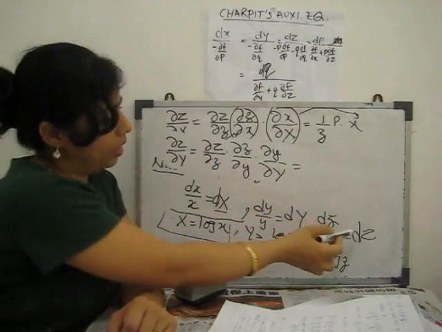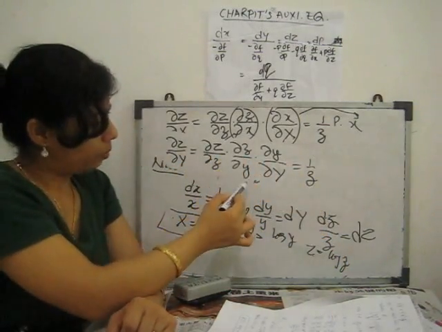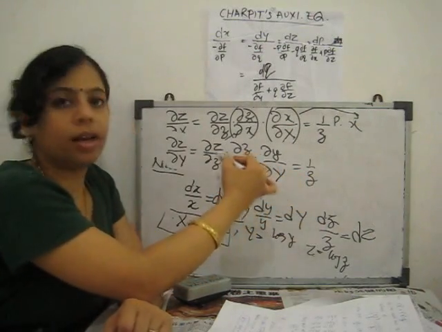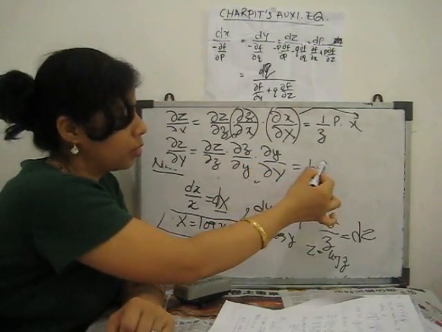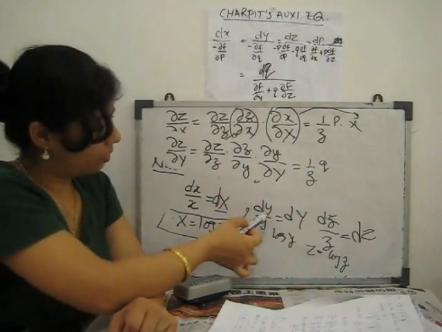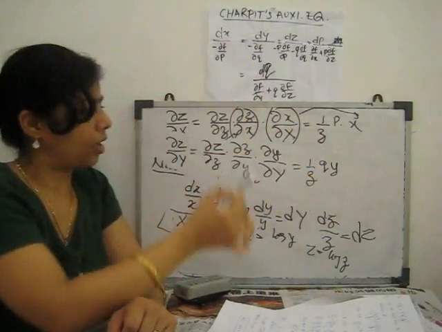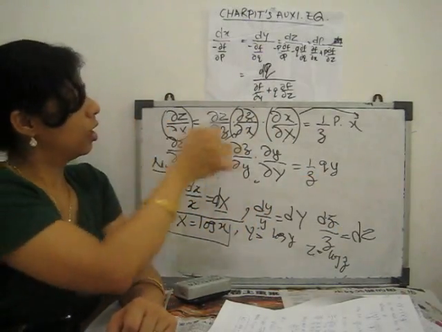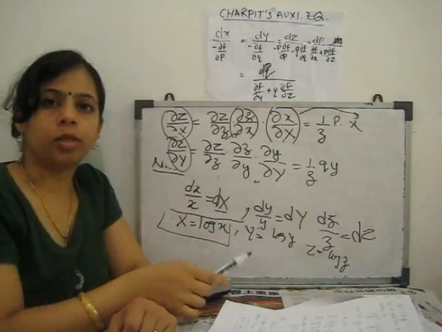Now del z by del z is 1 by z. Del z upon del y is our small q. The function differentiated with respect to y is q. Del y by del y upon del y is, this y comes up, so y. So this is px upon z, and this is qy upon z.